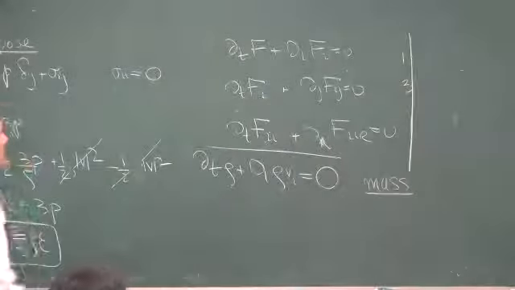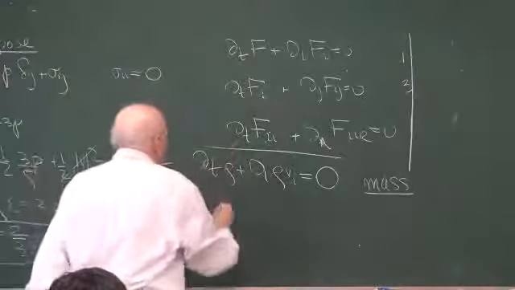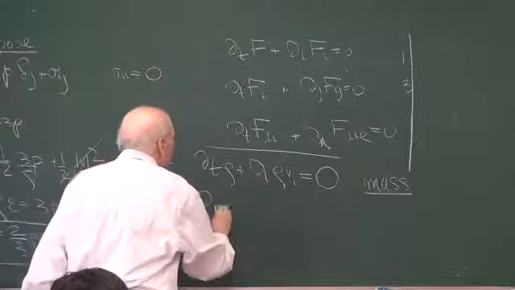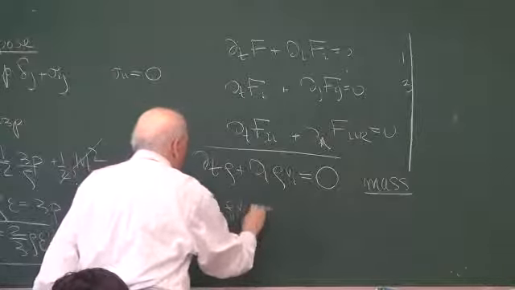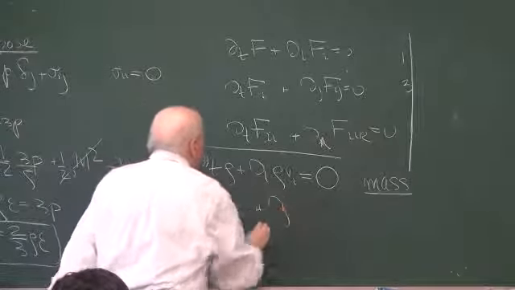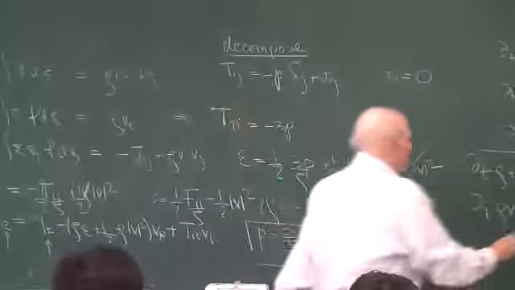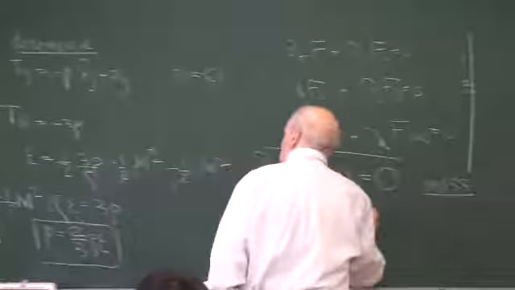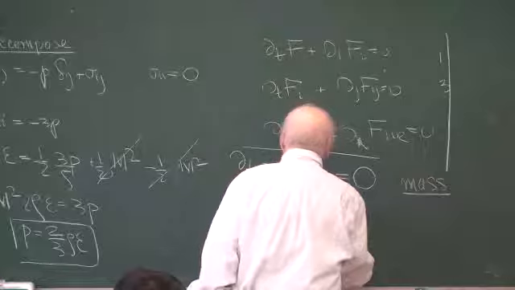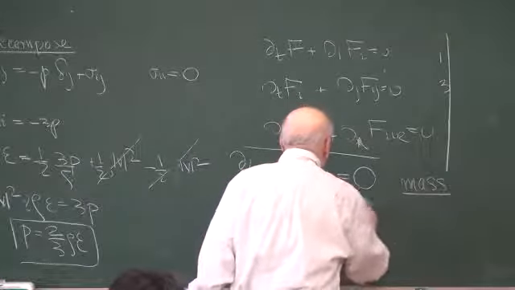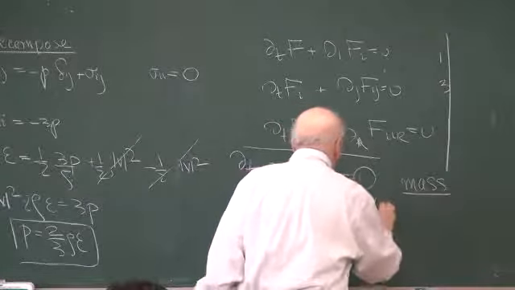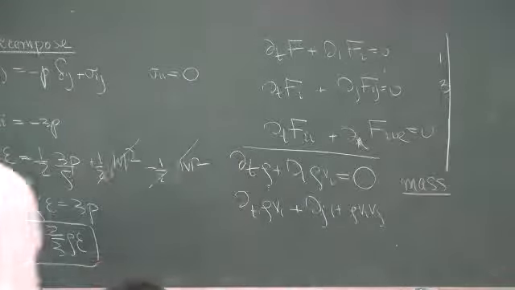Okay, the second one, of course, it has this structure, so it's d dt of rho vi, and then d dj of fij. And fij, well, let's do it first. It was rho vi vj. That part is easy. Plus rho vi vj, and now minus tij.